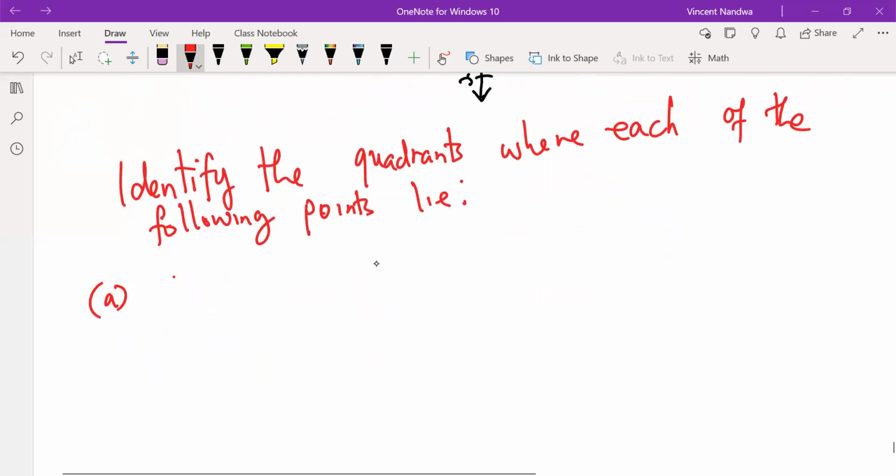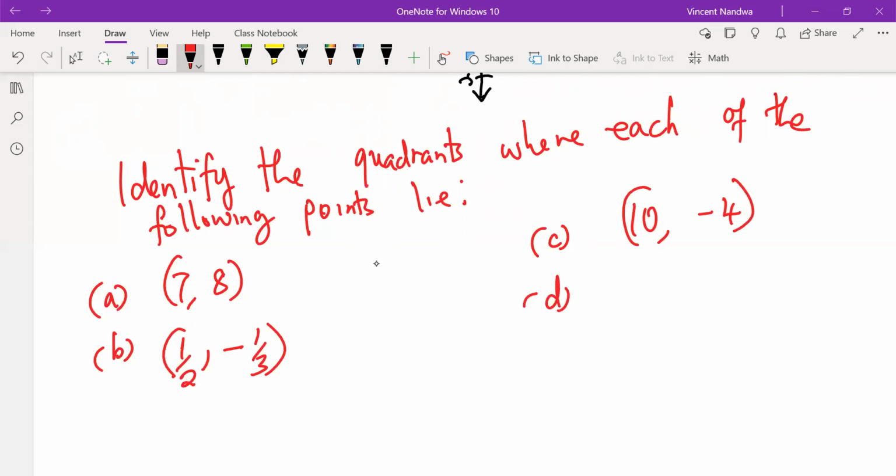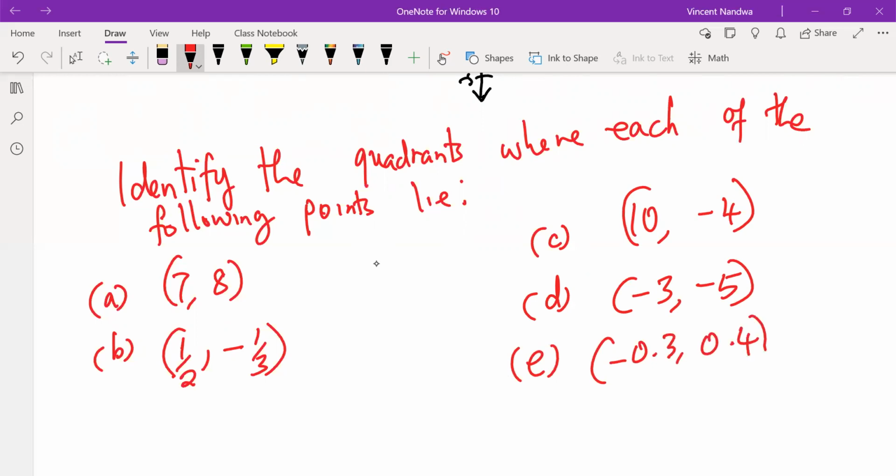So A, we have 7, 8. B, we have positive a half and minus a third. C, we have 10, -4. And D, we have -3, -5. E, we have 0.3, 0.4. F, we have 6, 100.